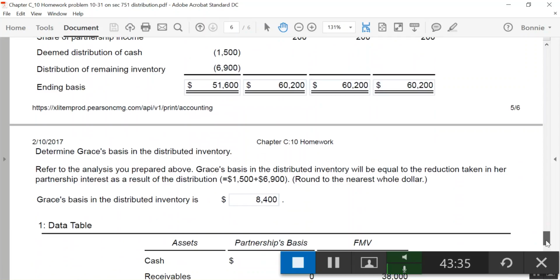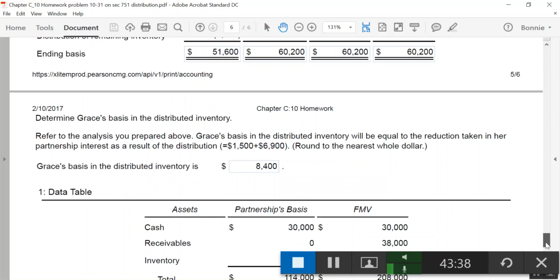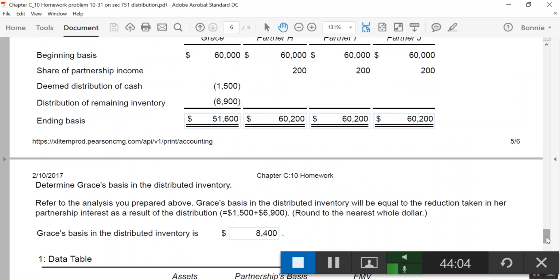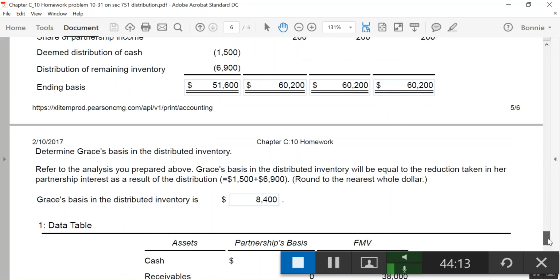Last, we need to determine Grace's basis in the distributed inventory. She actually did get some inventory, so what is her basis in that inventory? Essentially you give her a basis equal to the sum of her deemed distribution of cash plus the inventory. That's the basis she takes in the actual distributed inventory.